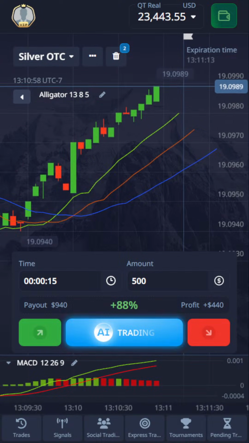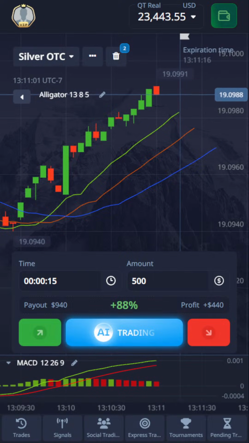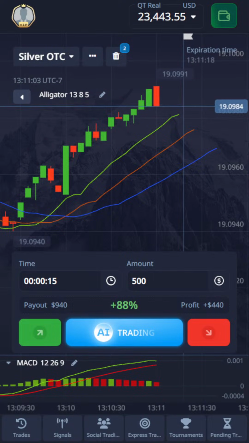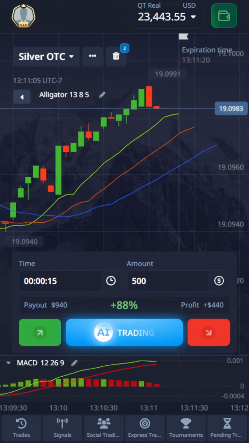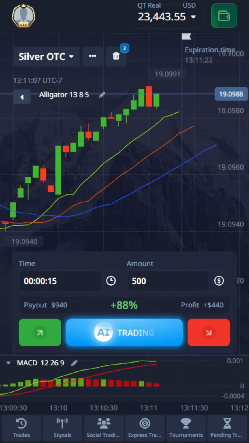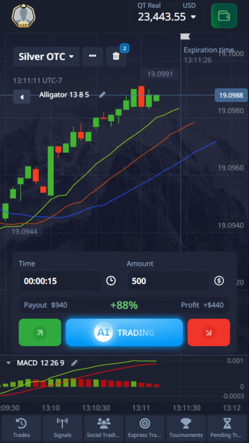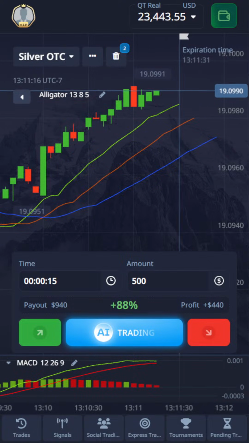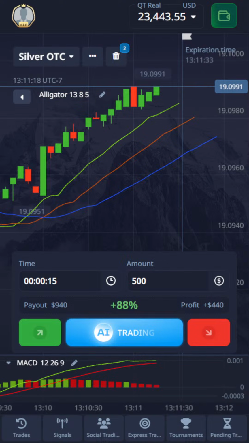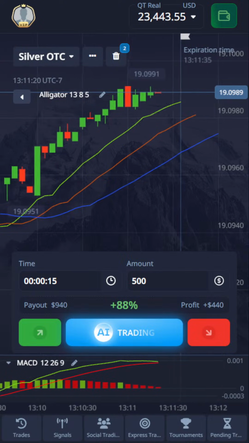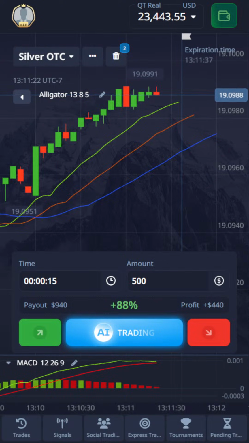So what you see on your chart over there, the pair we are having is Gold OTC. Whenever you see OTC, that means over the counter.